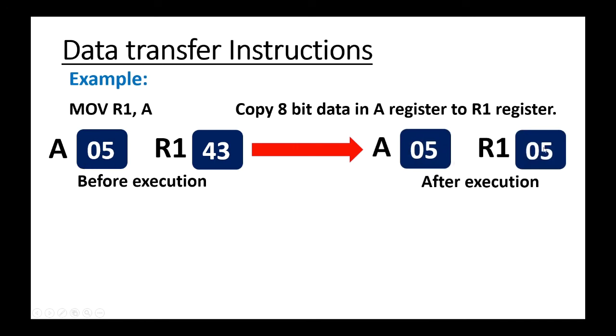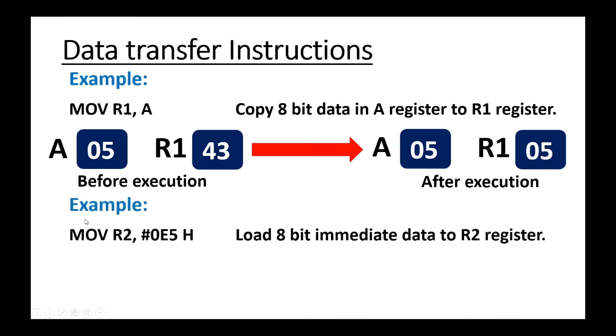So now R1 has the same data as the accumulator. All of you remember that the register could be any register among the 8 registers, R0 to R7 in each register bank. So instead of R1 there could be R0, R2, R3, R4, R5, R6, R7 also.